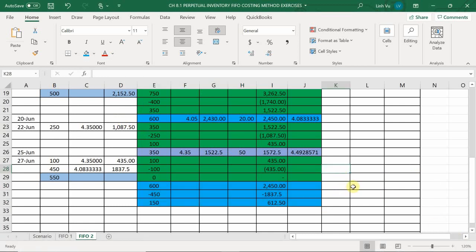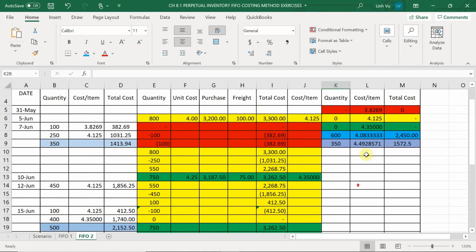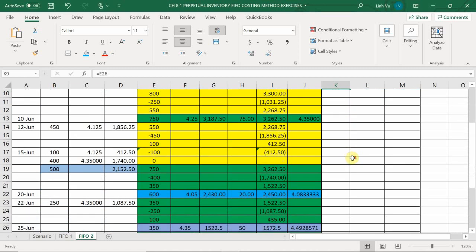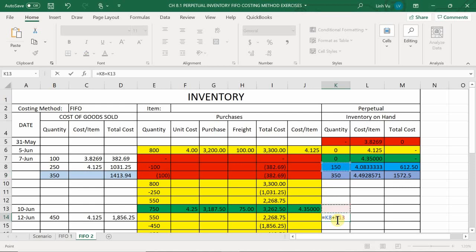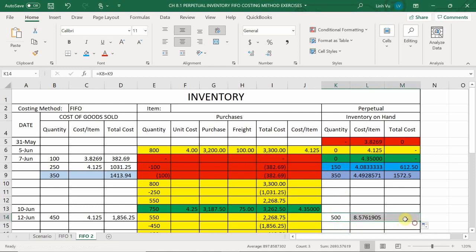Which then I'm going to go ahead and eliminate. So now I'm down to 150 units, and I should have $612.50. Which then at the very end of the day, we said that we should have a total ending inventory of 500 units, which in this case, the 150 plus 350 gives you your 500 at a total of $2,185.